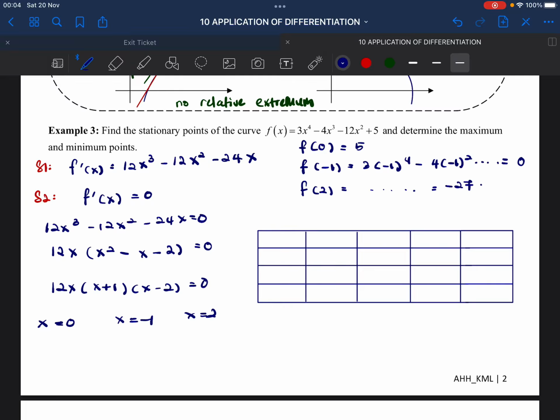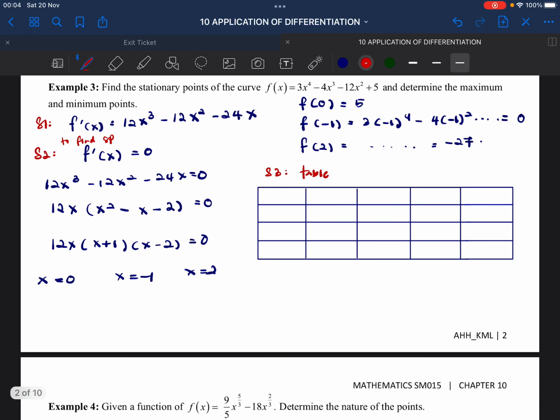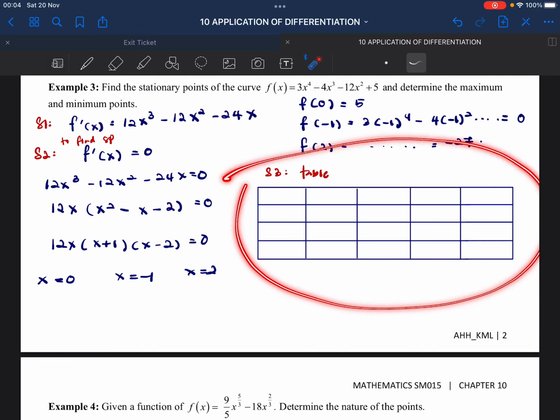Okay, so now this is the last step. The second step just now was to find the stationary point. So the last step, step 3, is the table, the first derivative test table. Imagine this table like your chapter 2 number line. So we actually have (0, 5), (-1, 0), and (2, -27). For this table we just focus on the value of our x.